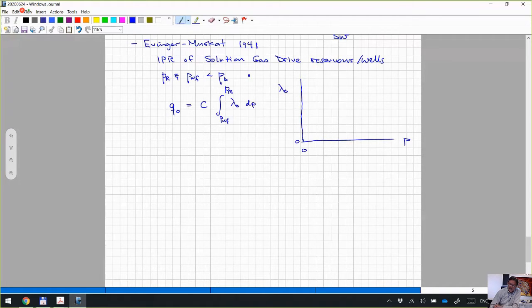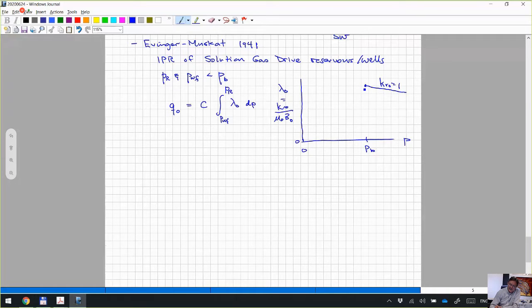they gave a procedure to calculate, let's see, above the bubble point. Of course, that's trivial. This is equal to KRO over mu OBO, just like we have. And then this basically goes like that. Here, above the bubble point, KRO is equal to 1.